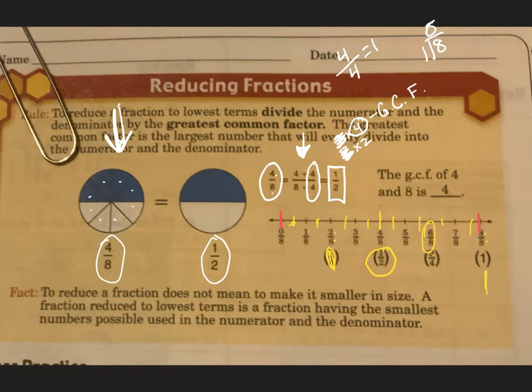Divide that line in half. And if you were to divide those into half, how many parts would you have? You'd have 1 section, 2 section, 3 section, 4 section. 3/4, and then this was 1/4.